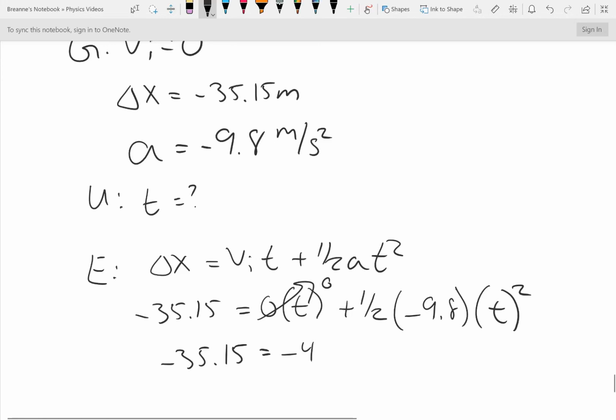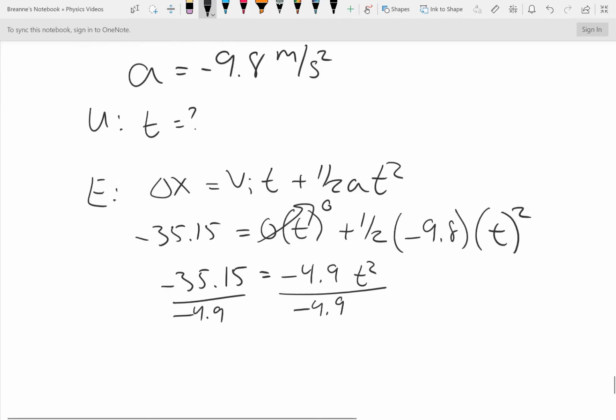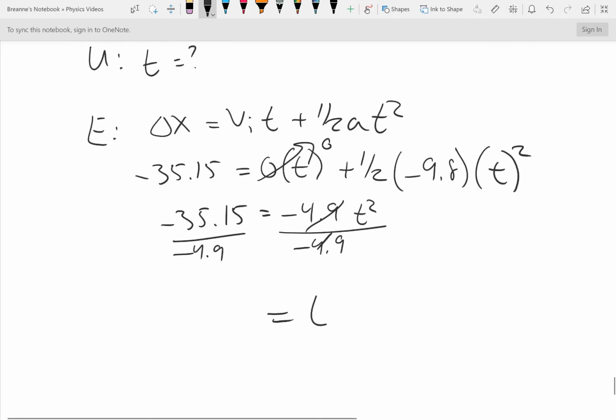Half of 9.8 is 4.9 t squared. We need to get the t squared by itself. So we divide. What you do to one side, you've got to do to the other. So you're left with t squared equals 35.15 divided by 4.9. The negatives end up canceling, so that gives you 7.17.